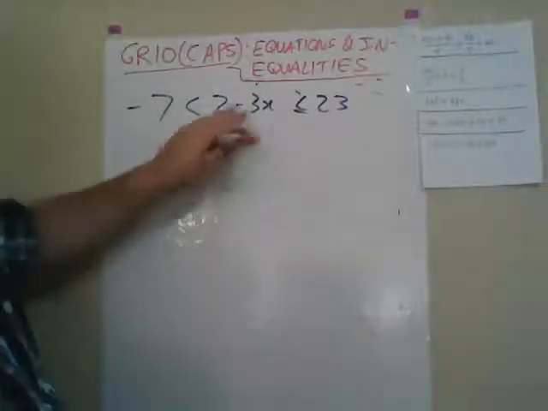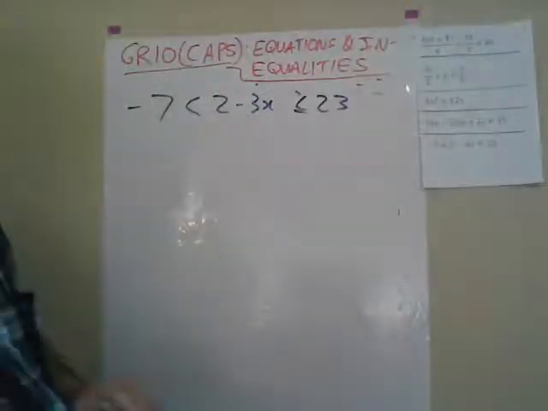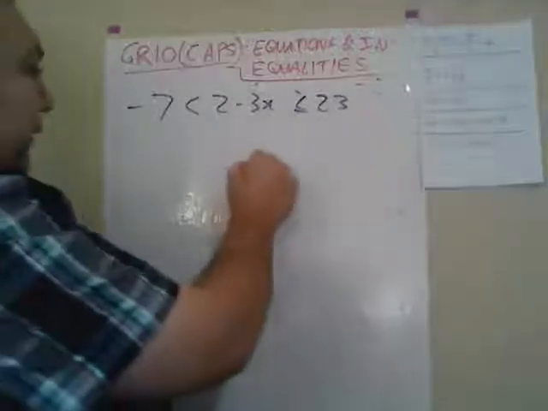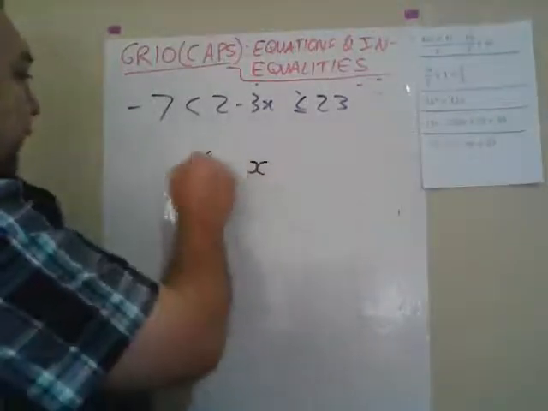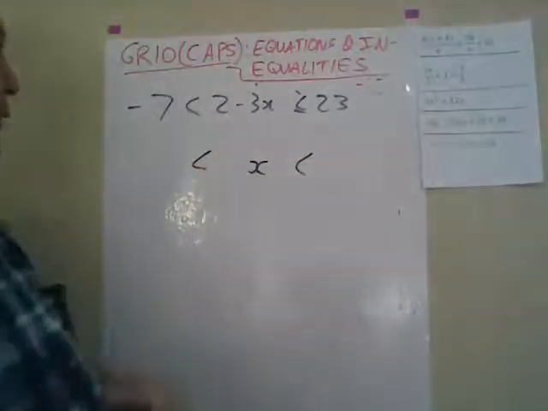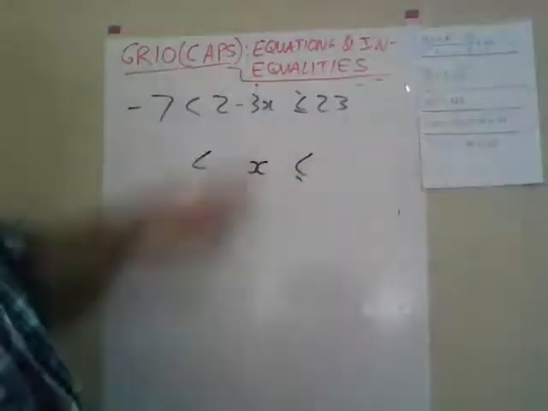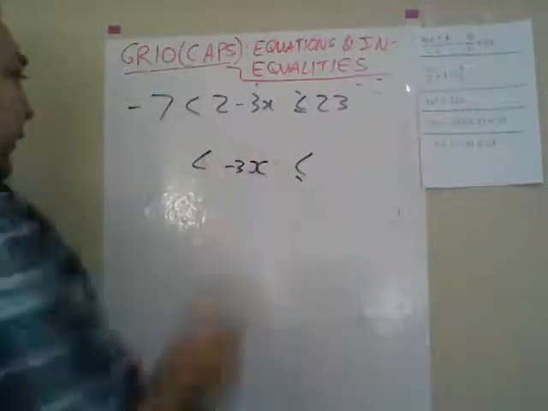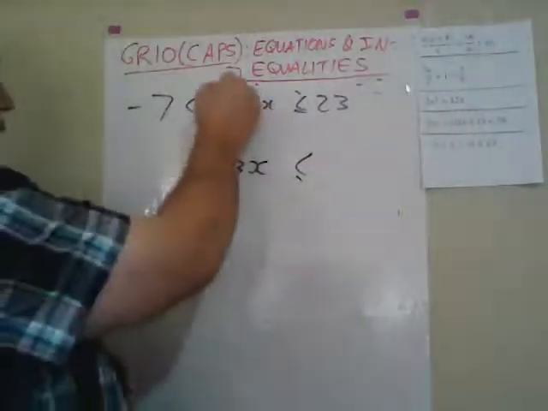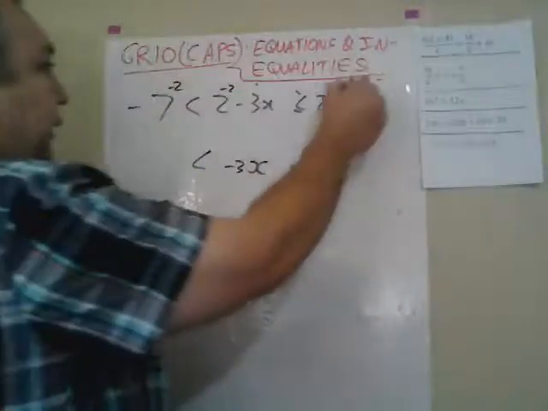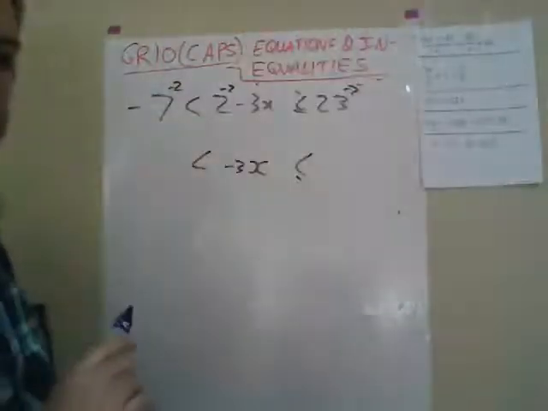We have 2 minus 3x there in the middle, so we want to get x on its own. But in this case, we will still need to have the minus 3x. So we will get rid of that 2 by subtracting 2 right there.